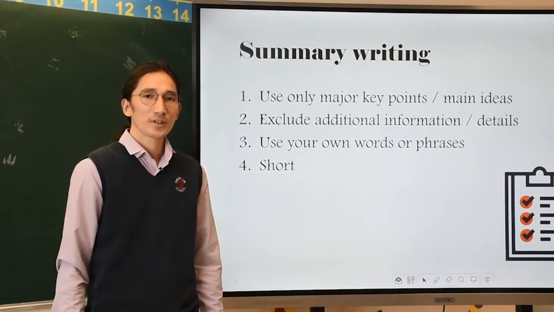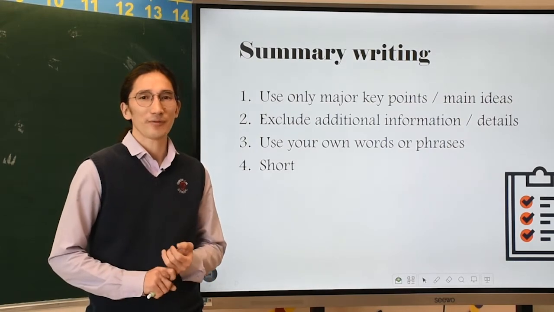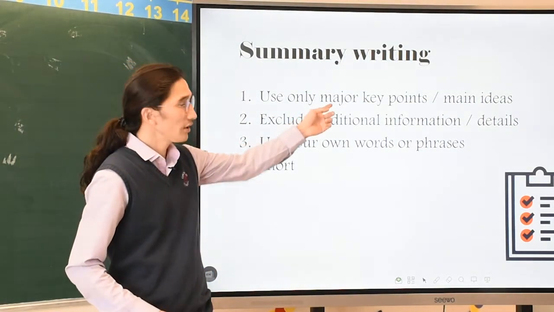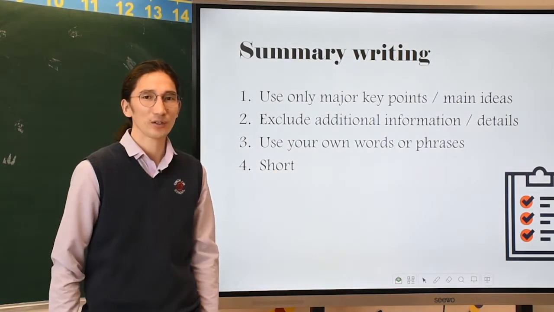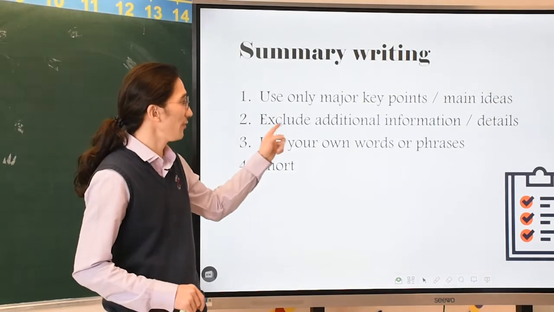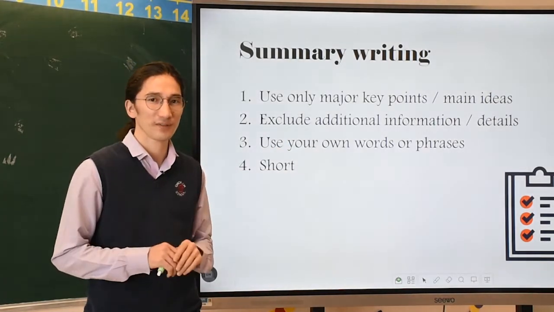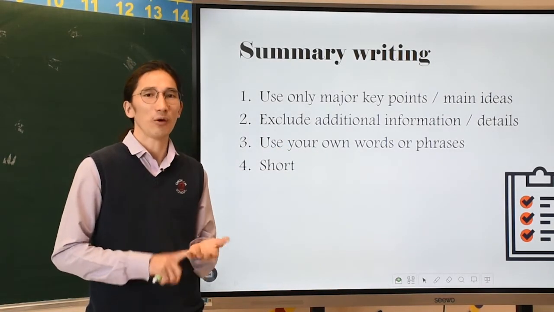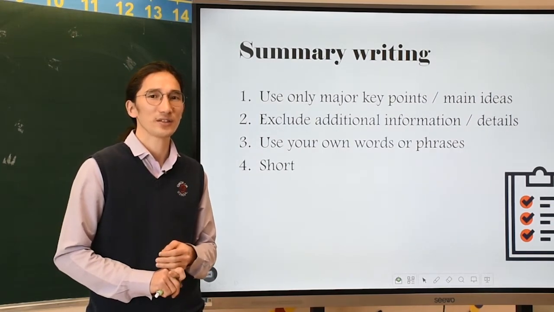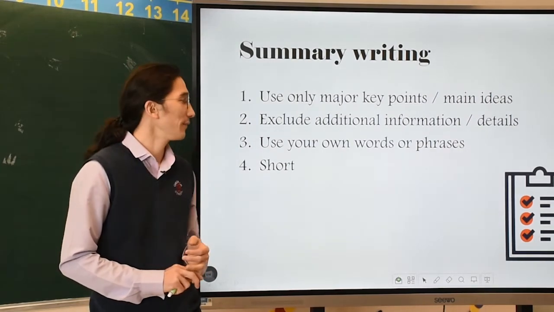Okay, so in summary writing, you will need only key points, and it has to exclude additional information or the details. Don't worry, I will explain this information on the graph so you can fully understand.